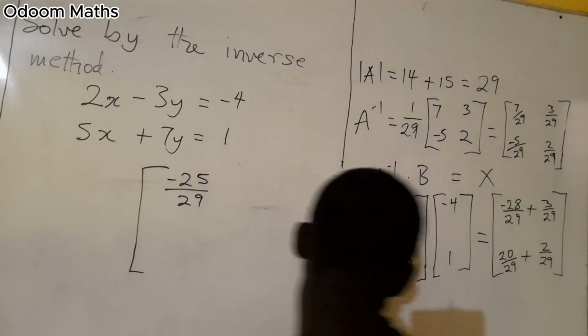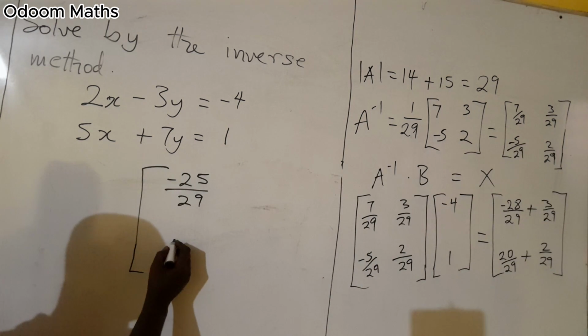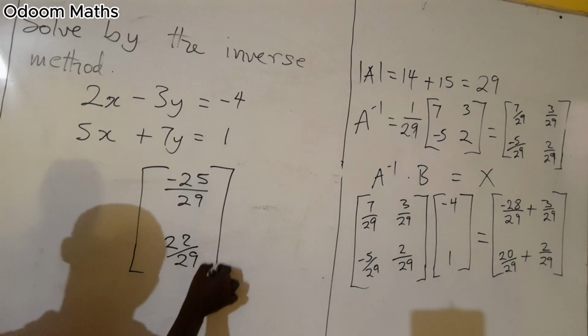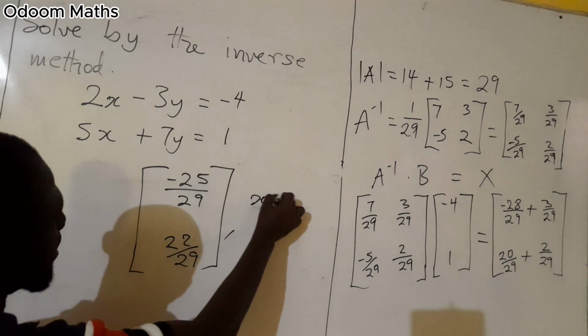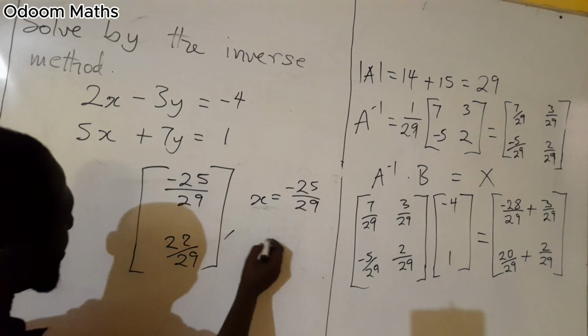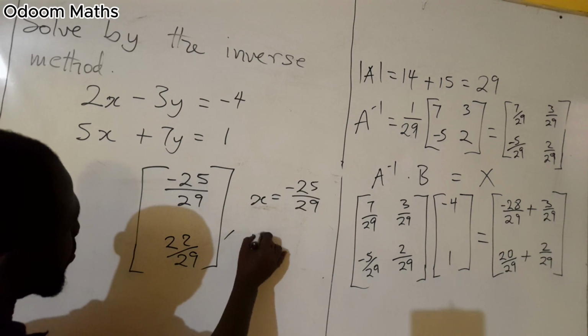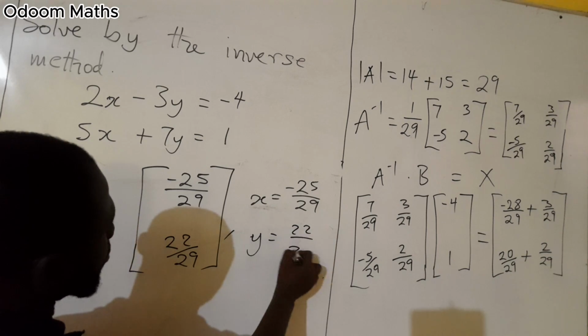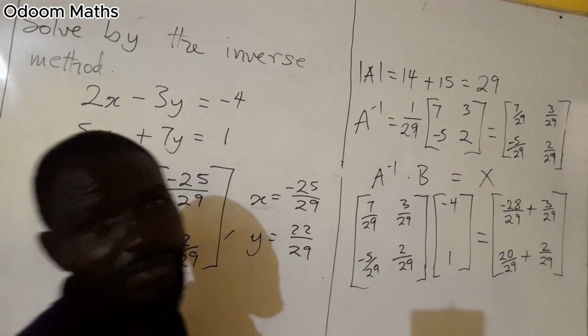So that is going to be 22 over 29. So therefore x is negative 25 over 29, and then y is 22 over 29.